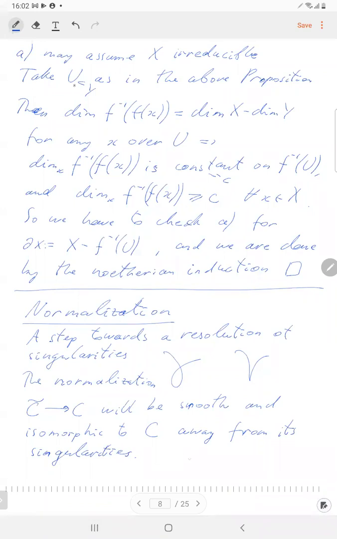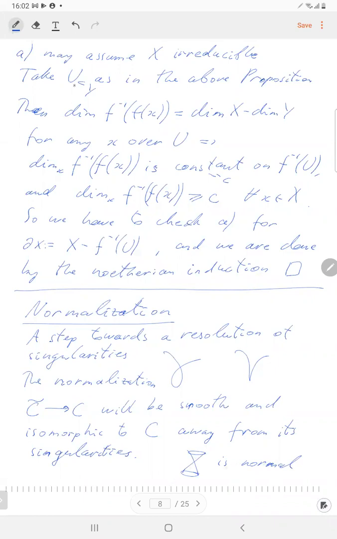For example, if you just take the most standard quadratic cone like this, it'll be already normal. So its normalization will be isomorphic to itself and will not resolve its singularities.